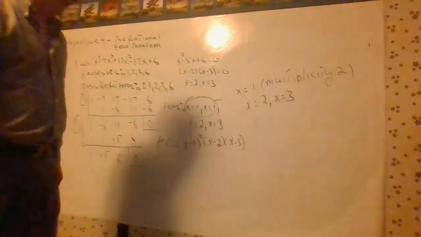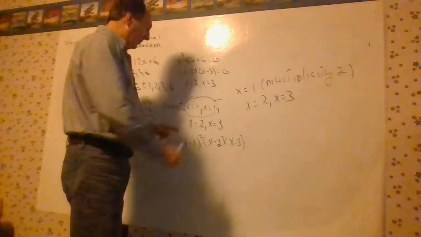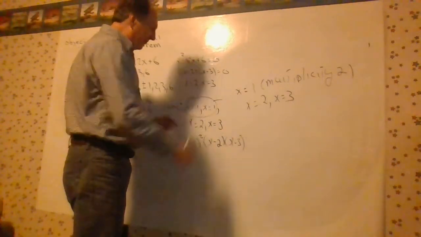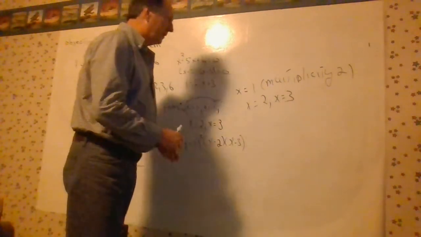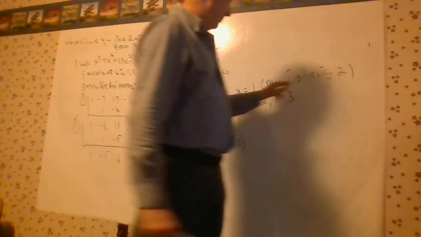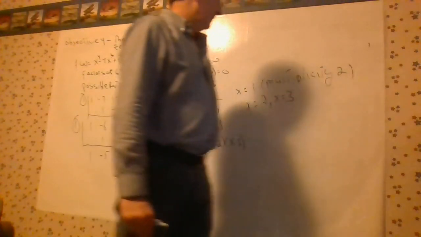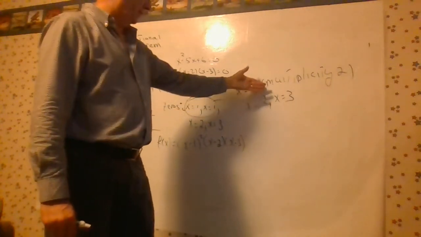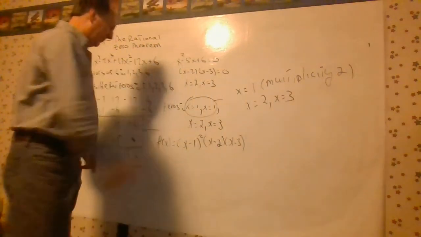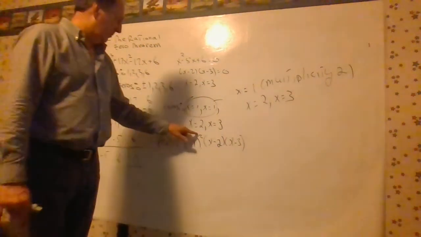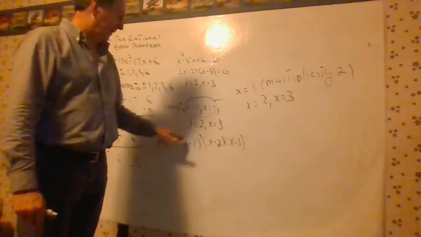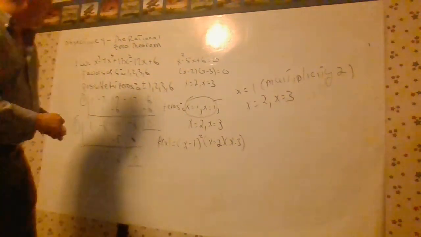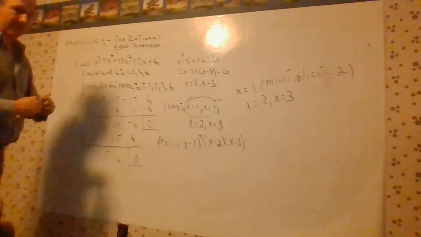If we have repeated zeros, and you can see if we had 5 x equals 1, we'd want to write just x equals 1 multiplicity 5. It doesn't necessarily affect the solutions, but it affects the graph, obviously. If this is a 1, 2, or a 3, it gives you different looking graphs. So that's all for the rational zero theorem.